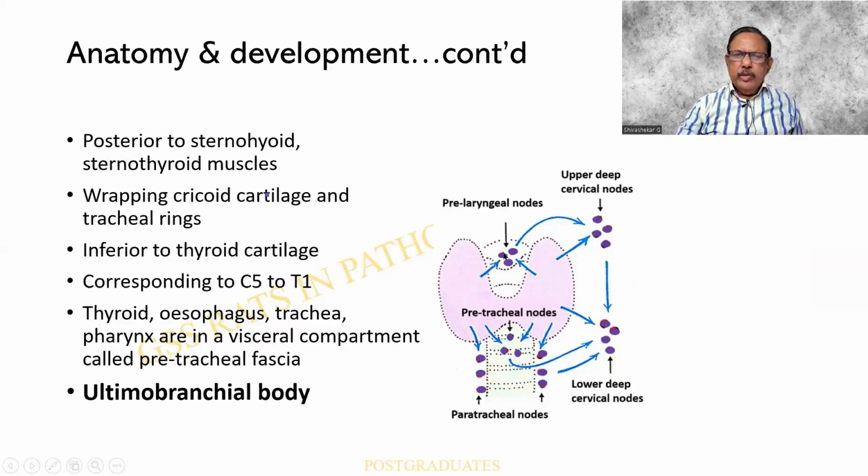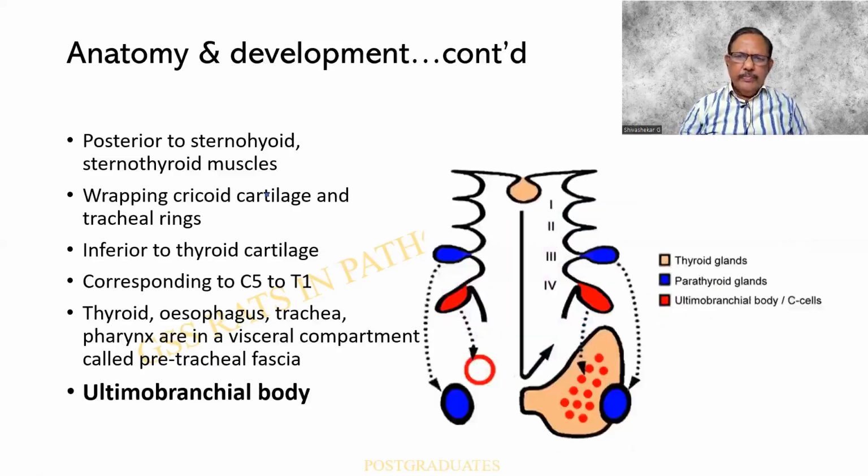There is the prelaryngeal node and two groups. Just remember two: the upper deep cervical nodes and the lower deep cervical nodes. In front of the trachea, of course, there is a pretracheal node, and on either side you have the paratracheal nodes. The mode of spread we will have to remember because it is not as common as in the breast, and hence this will be useful.